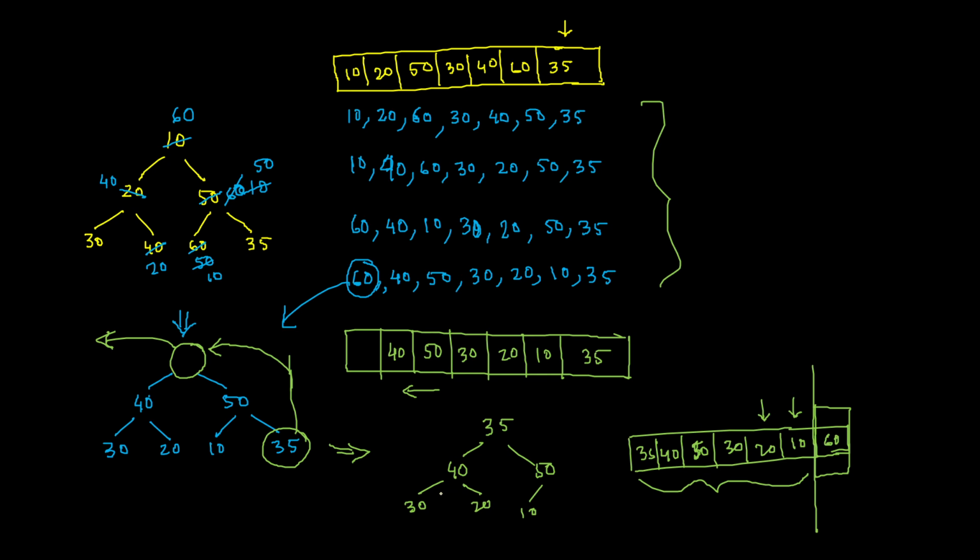So since the parent is greater, this subtree is again following the rule of a max heap. Till now it is okay.